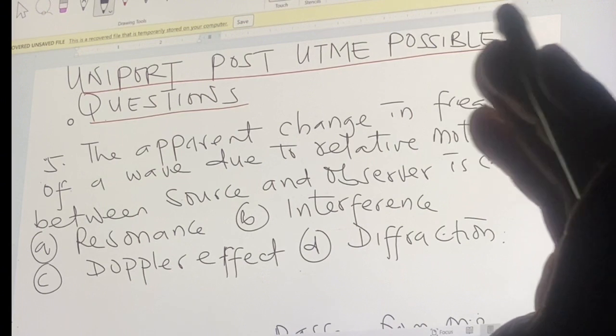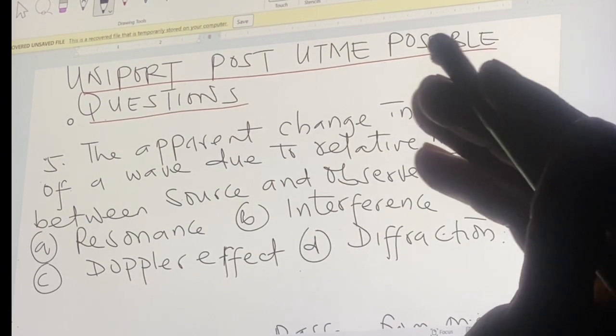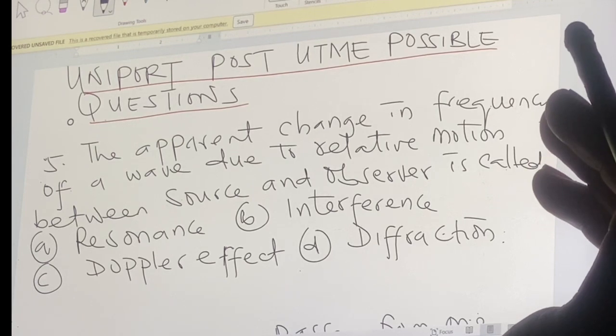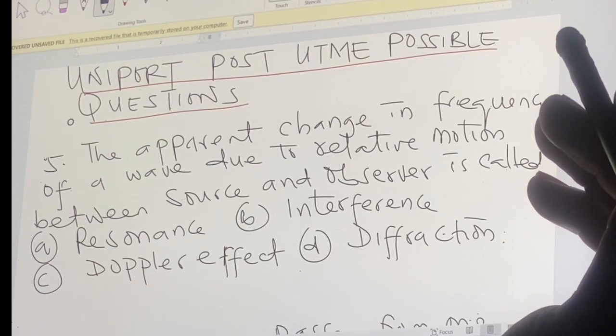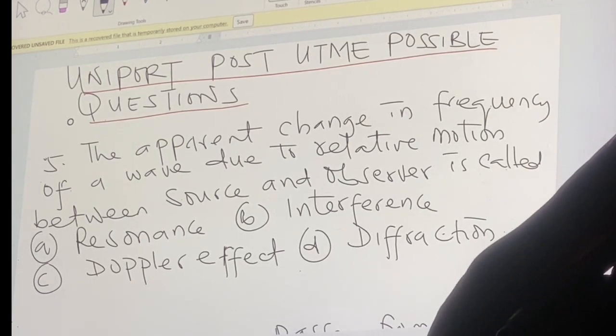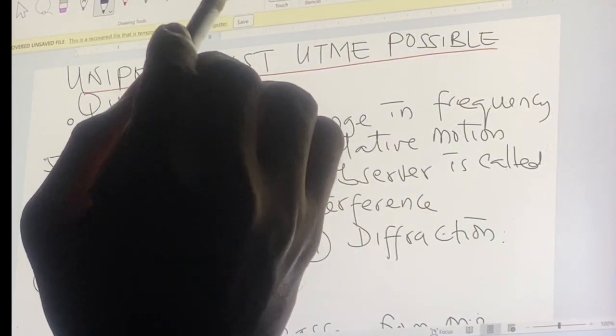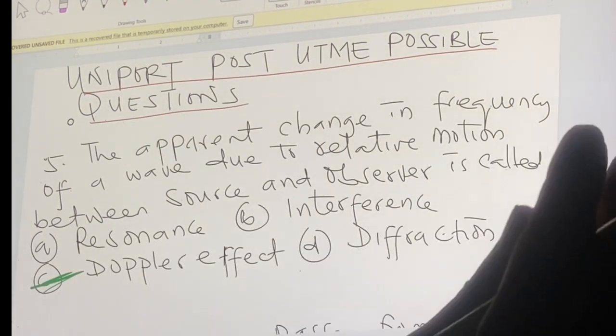The change in frequency of a wave is called the Doppler effect, or you can also call it Doppler shift. Either I call it Doppler effect or you call it Doppler shift. Please take note. So the answer here is C.